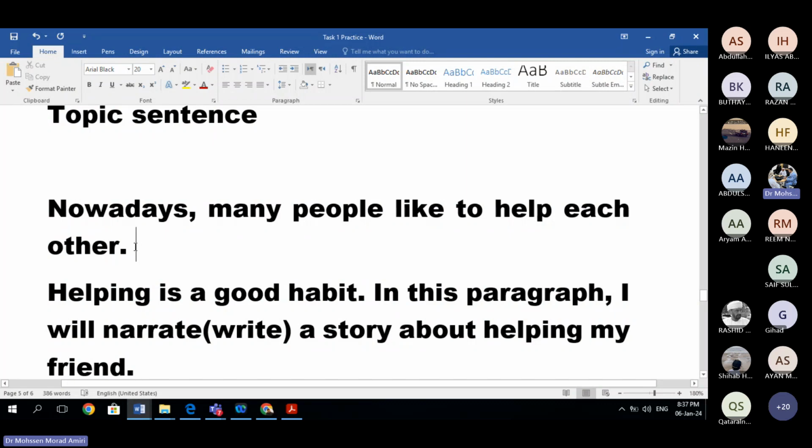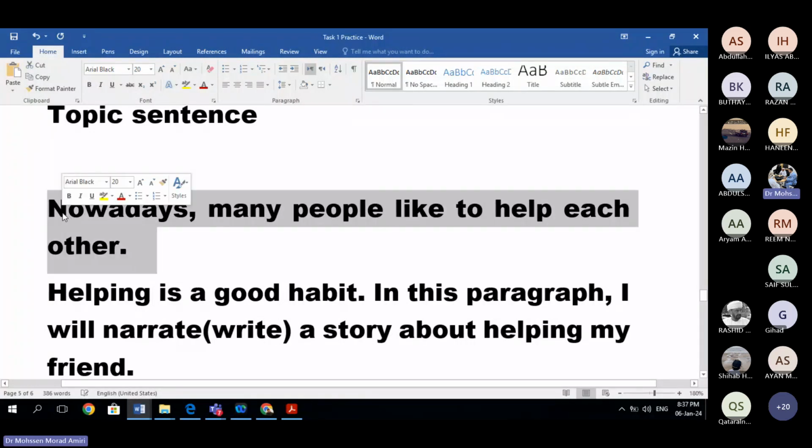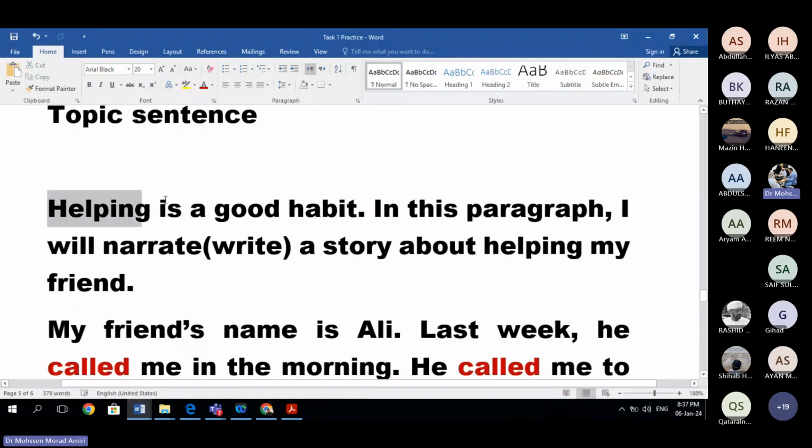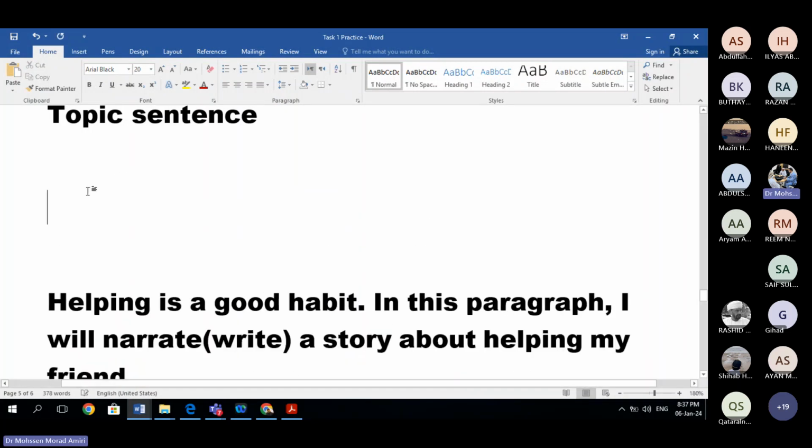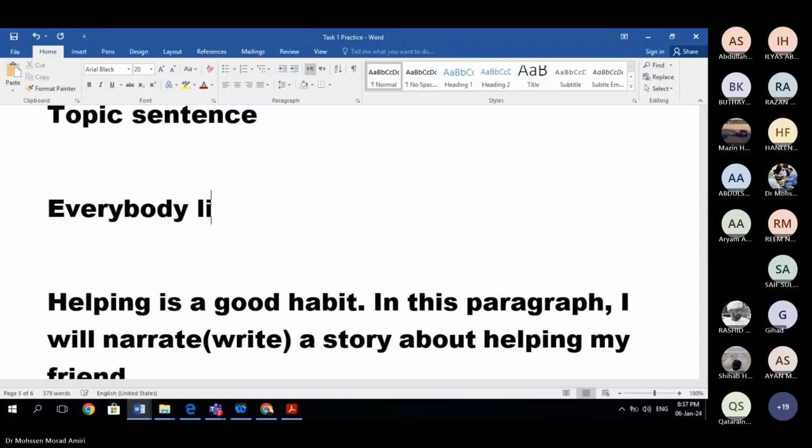For example, this is topic sentence about helping. A sentence related to helping. Okay? Or maybe like this, helping is a good habit. Habit means something you do regularly. Or you can say everybody likes helping.